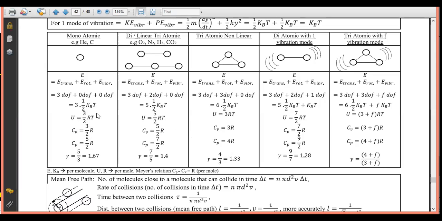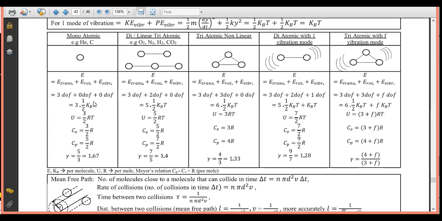So 3 by 2 RT, CPC. This is for one, so note it down properly.